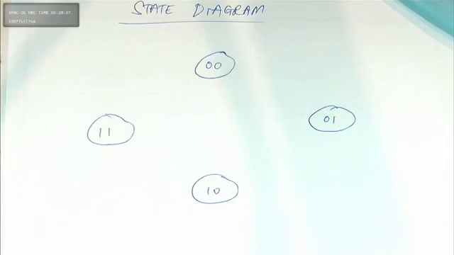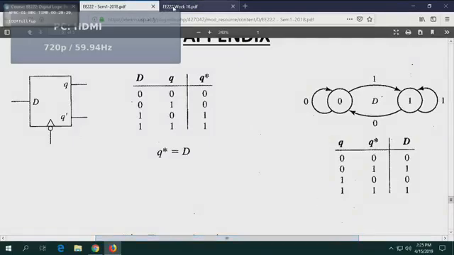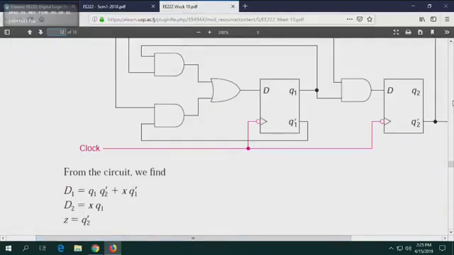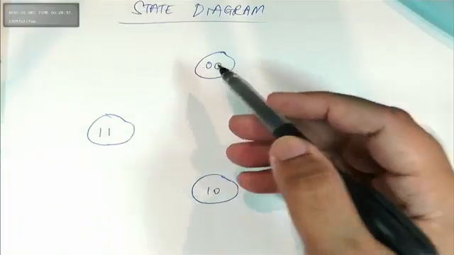So, how many possible bit combinations can there be? 0, 0, 0, 1, 1, 0, and 1, 1. 4 possible bit combinations. So, those are in our bubbles. This refers to flip-flop 1. The problem is on the screen, right? Flip-flop 1, flip-flop 2. So, that refers to flip-flop 1. That refers to the state of flip-flop 2.